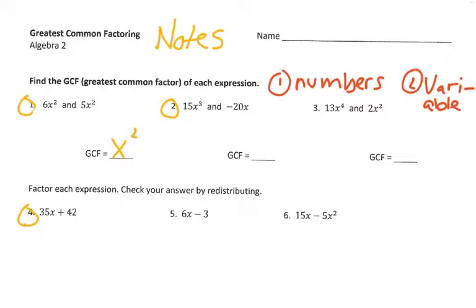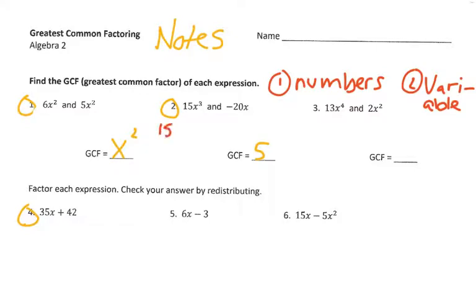Alright, in number 2, we're looking at the numbers again, and notice that we have 15 and negative 20. So again, if you imagine the list of all the numbers that could divide nicely into 15 and negative 20, it turns out that 5 is pretty much the only one that is going to go into 15 and 20. Again, you can make a list of all of them if you feel like it.